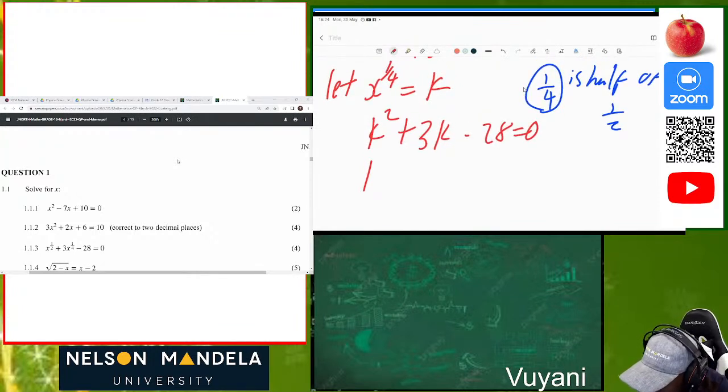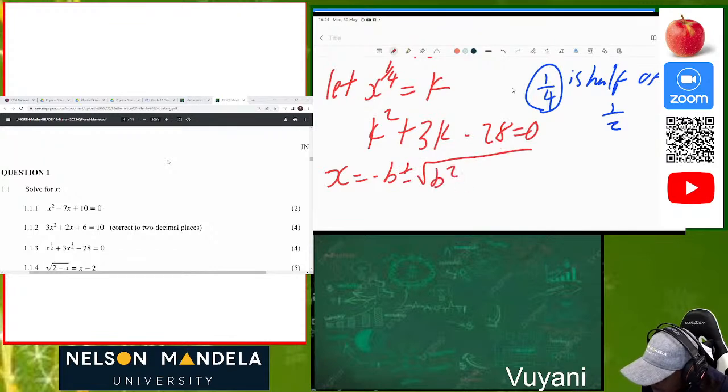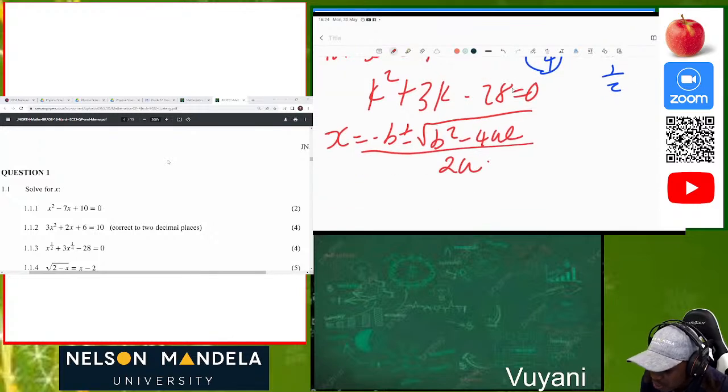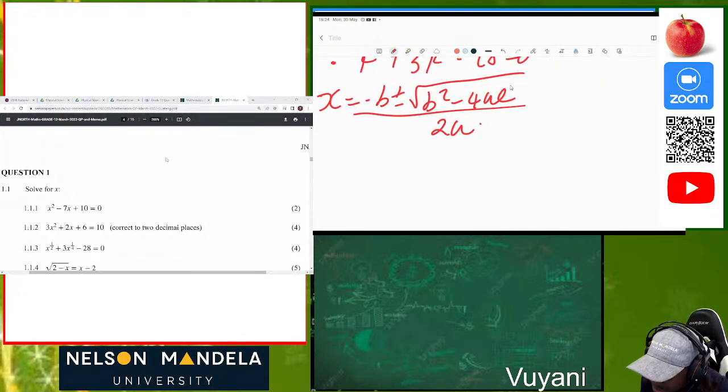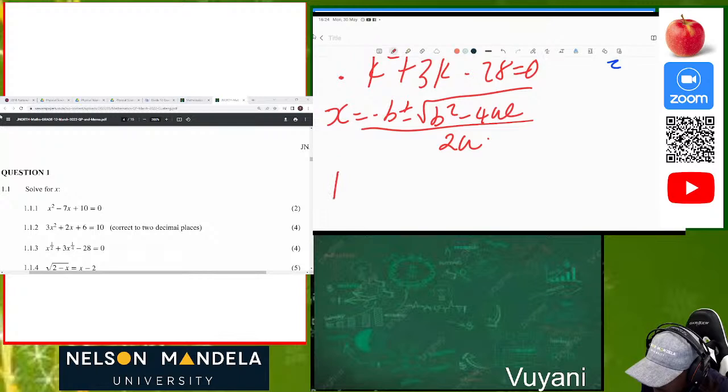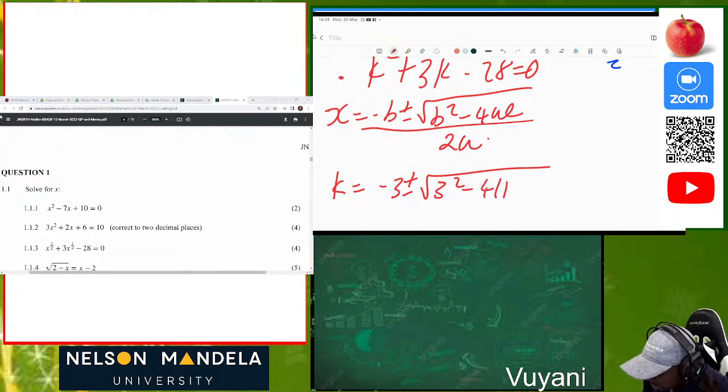If we're going to use the quadratic formula, x is equal to negative b plus or minus square root of b squared minus 4ac over 2a. But in this equation we are dealing with k, so we cannot substitute with x. So we now write k is equal to negative 3 plus or minus square root of 3 squared minus 4 times a times negative 28, divided by 2a, and our a is 1.